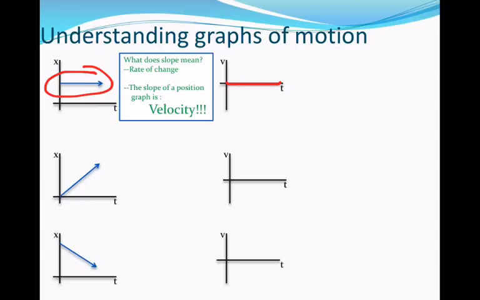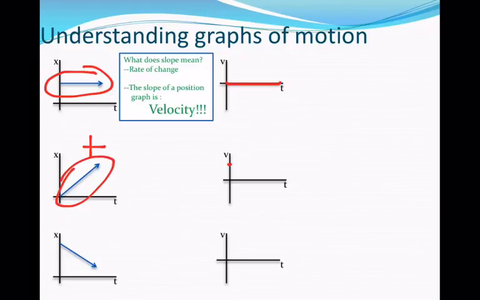I come down here to this next one and look at the slope. There are no numbers on here, so I can't tell numerically what's going on, but that is a positive slope. That positive slope means I'm going forward, which must mean that I have a positive velocity. So how do I draw it? I know that it starts positive, but where does it go from there? Look at that line.